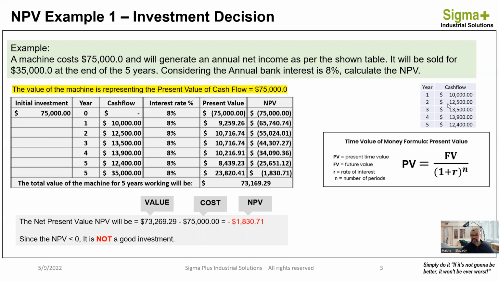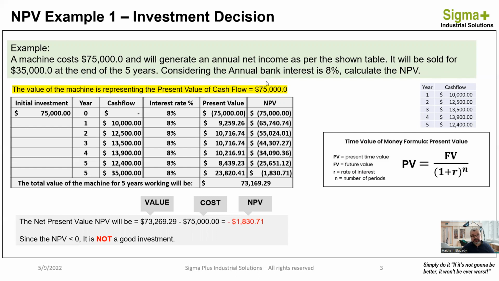In the second year, $12,500. In the third year, $13,500. In the fourth year, $13,900. And the last year, the fifth year, you will get $12,400. Consider that the machine will be sold for $35,000 at the end of the 5 years.